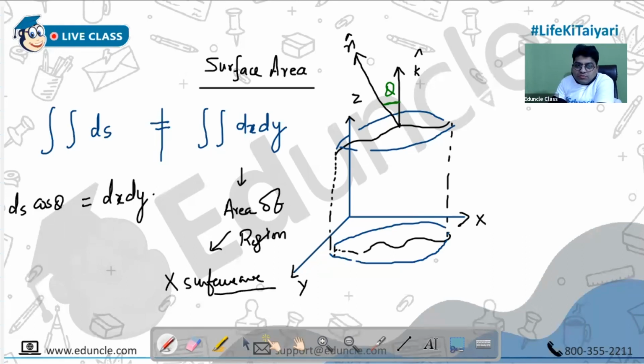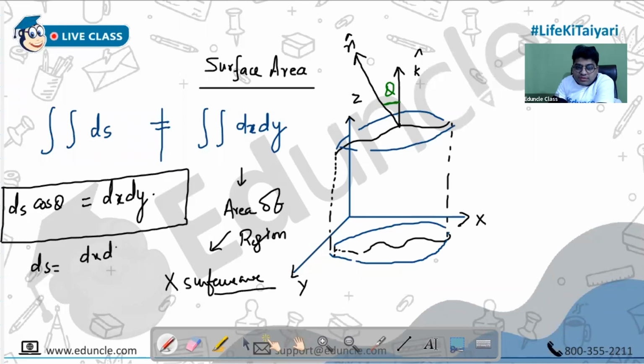Some question which is just basic. ds, this you can remember. I am not explaining everything. I am just saying ds cos theta is dx dy. So ds is nothing but dx dy upon cos theta.